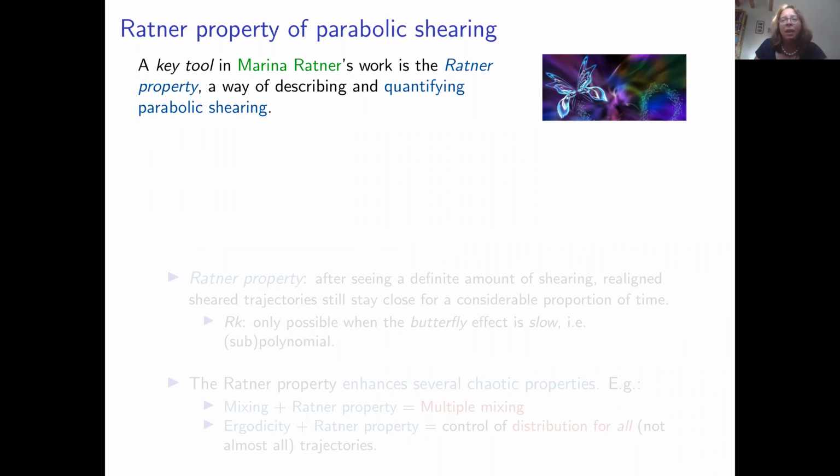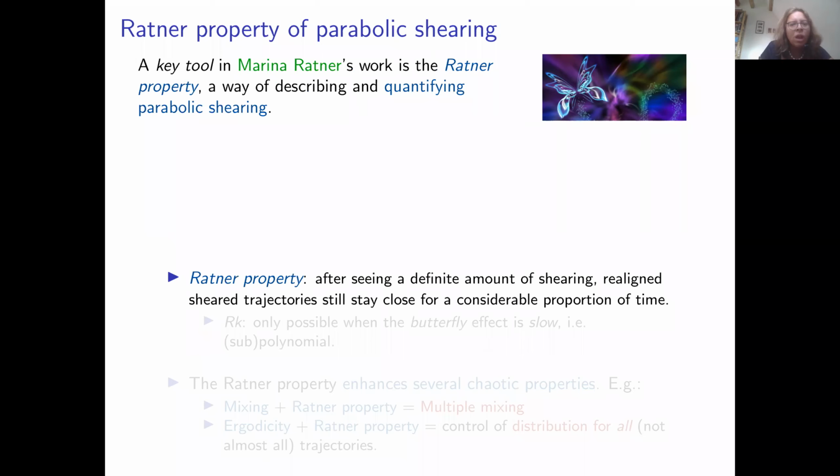And a key property in her work is a shearing property, which we nowadays call the Ratner property. The Ratner property is, in some sense, a quantitative version of parabolic shearing. I cannot give the formal definition here, but I can give you the spirit of Marina Ratner's property.